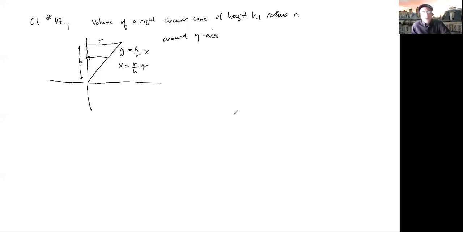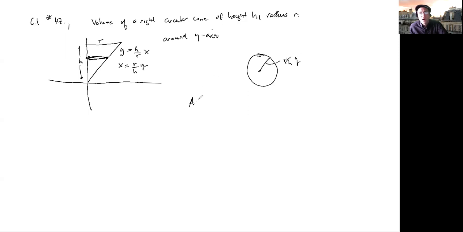Okay. So when we rotate that segment around the y-axis, you're going to get a circle. I'm going to draw the circle like this. And what's the radius of the circle? Well, the radius of the circle is the length of this segment. And what's the length of this segment? It's the x value. It's r over h times y. So the radius is r over h times y.